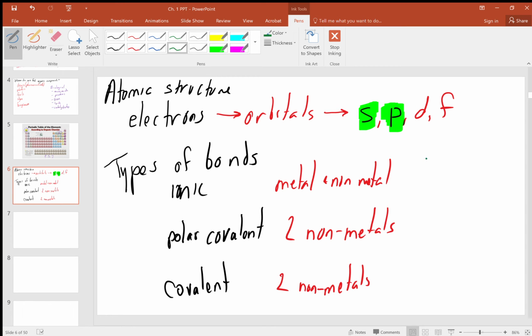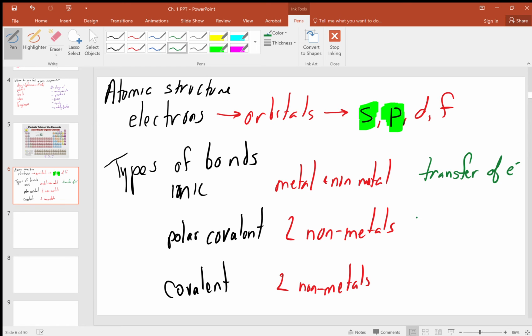An ionic bond is when we get a transfer of electrons, because the electrons transfer from the metal generally to the nonmetal. We get a cation and an anion, and those two species are attracted to each other.